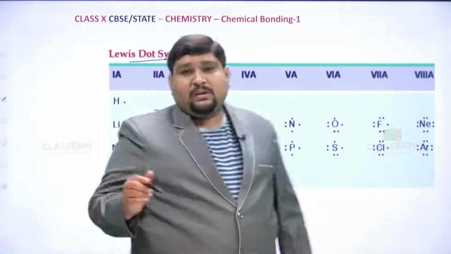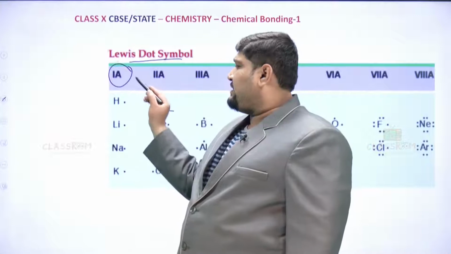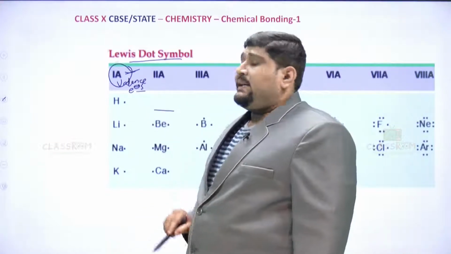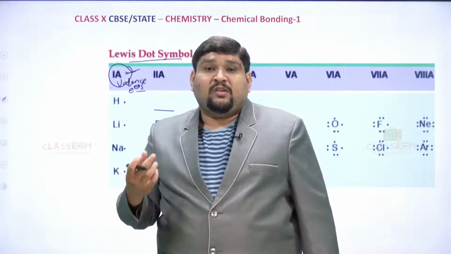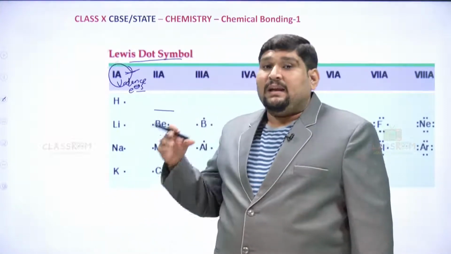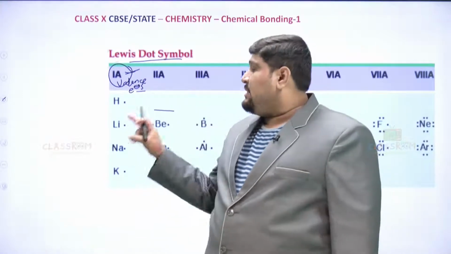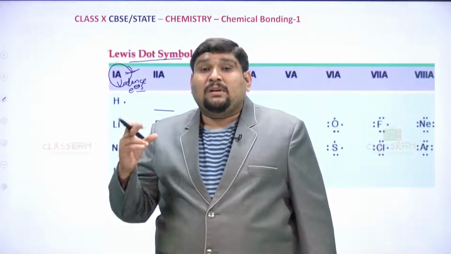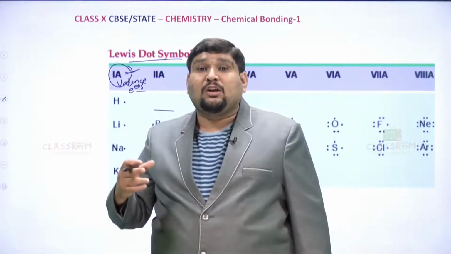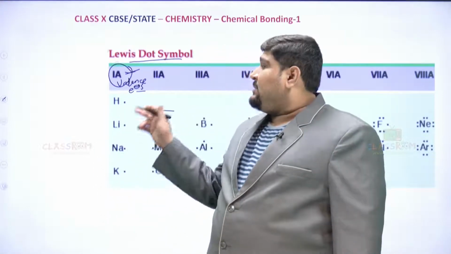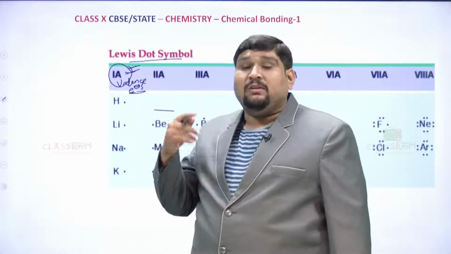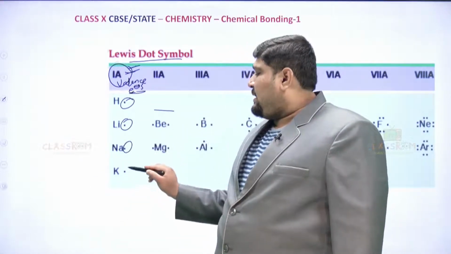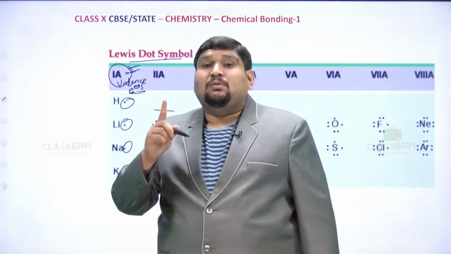So when you go for the first group, the group number itself gives you the number of valence electrons, because we already learned some of the periodic properties, where the elements situated in a group are placed according to the number of valence electrons in the outermost shell of the atom. That common group number indicates the valence electrons, which also gives the valency.